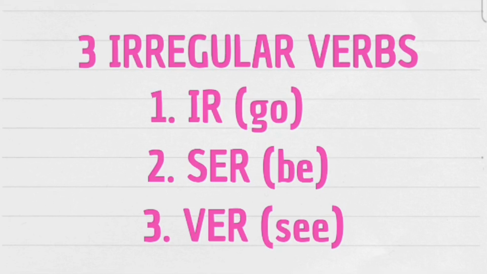Ir, ser, ver. We only have 3 irregular verbs when we talk about the imperfect past. I will show you later on the conjugation of those verbs and also the conjugation of the regular verbs in Spanish, okay? But that will be all for today's lesson.